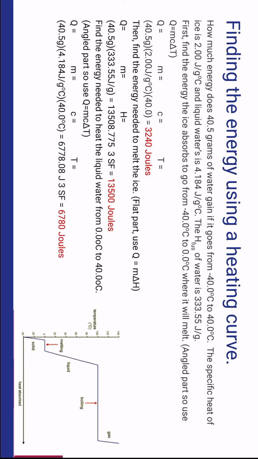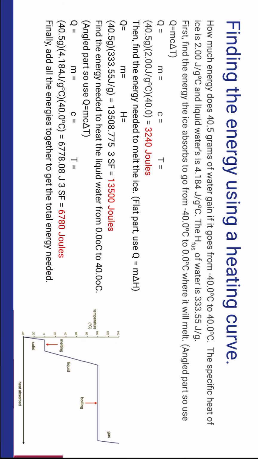The only thing that has changed is the specific heat, 4.184 joules per gram degrees Celsius for liquid water, and the change in temperature, 40 degrees Celsius. And that gives us 6,778.08 joules, and we need 3 significant figures. So we're going to round to 6,780 joules.